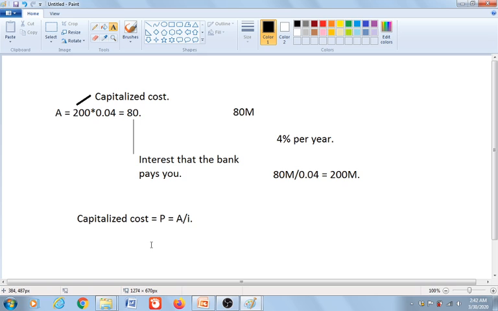Because it refers to the amount of money that we need to put in the bank now in order to have some money that we can withdraw every year from that bank, and that amount of money that we can take every year equals the amount of the interest that the bank pays us. So that's the capitalized cost.